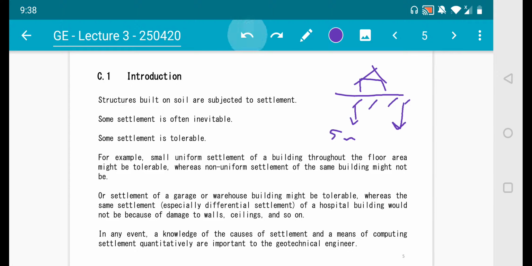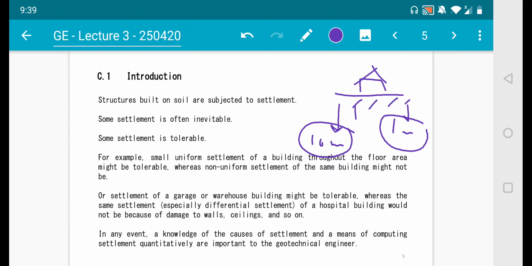However, if you have another case where the left side settles about 10 meters and the other only about 1 meter, then it will have a significant effect on the building. This is called non-uniform settlement because of the differential in settlement. One side is 10 meters and another is 1 meter.